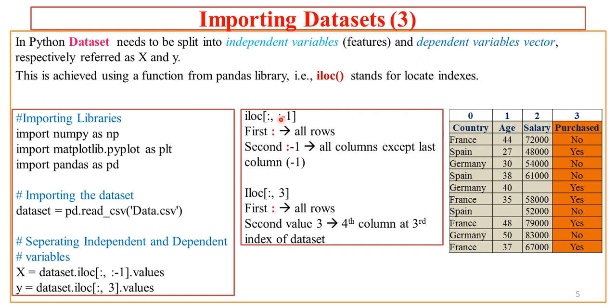We may specify a column range, before the colon we provide the start index of the column, and after the colon we specify the end index. Do remember the end index is exclusive. That means suppose I want 3 columns, I may specify 3 with starting index 0. That means it will take 0, 1 and 2 only.